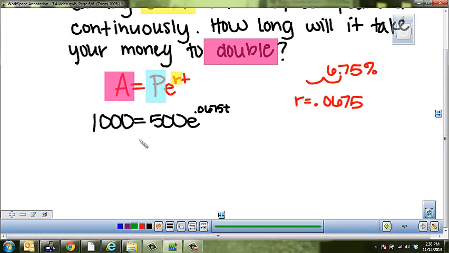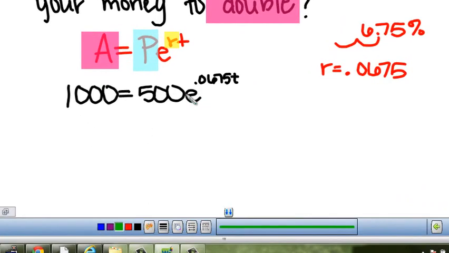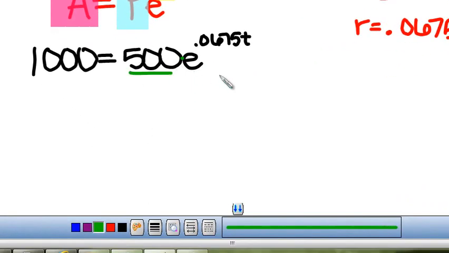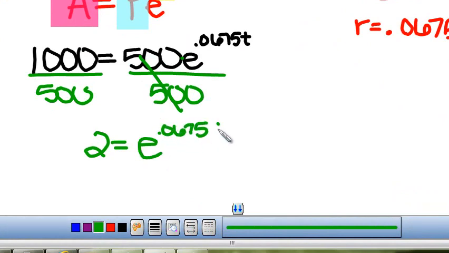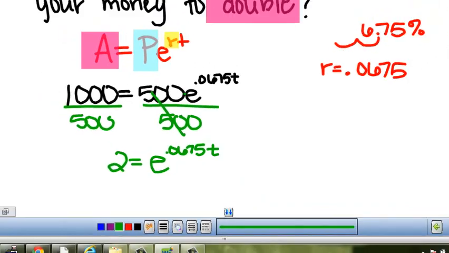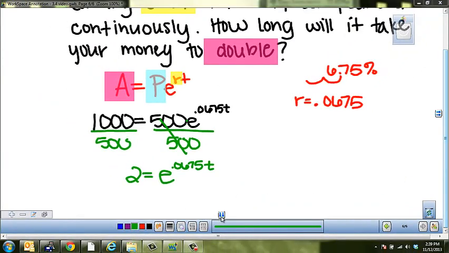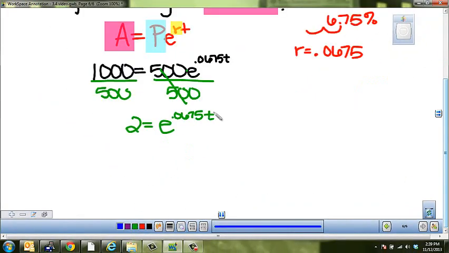Okay, now this looks similar to what we were just doing. Once you have it set up, we need to get rid of this coefficient 500 first. Now, we have to get our variable out of the exponent.